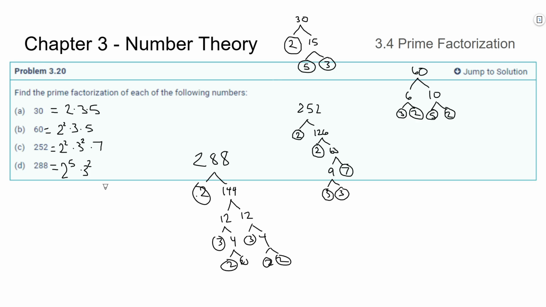But it is indeed the case, and maybe later on in your math career, once you get into higher level calculus and things like that, then you might be able to prove that fundamental theorem of arithmetic. But for right now, know that it is safe to assume that every positive integer is going to have a unique prime factorization.